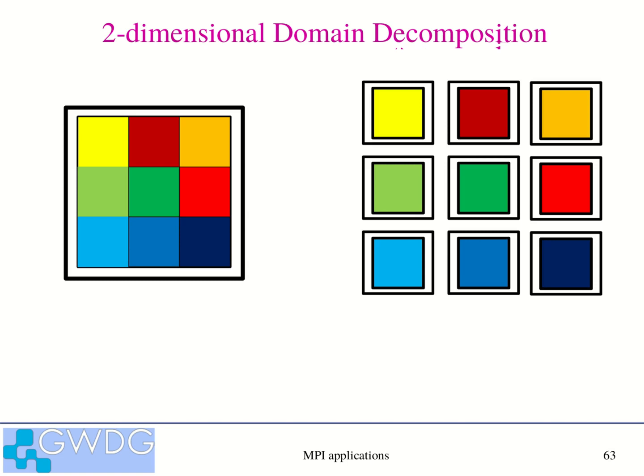If IPU is equal to 0, that means all processes in this row have the value of IPU equal to 0, because the upper neighbor of these processes is empty. All processes in this row have an upper neighbor which is 0, so I don't have to do anything for them.